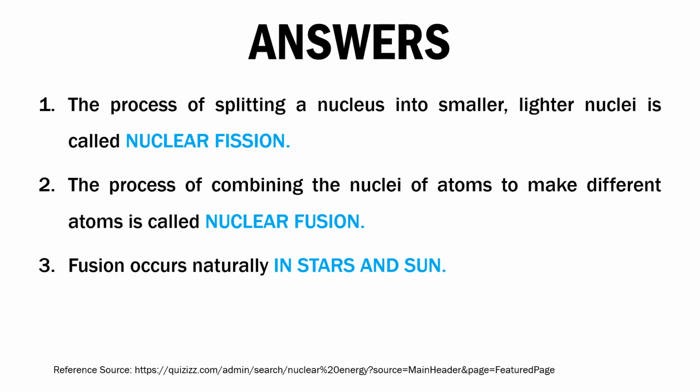When you are watching this slide, it means that you have successfully answered all my questions. For question 1, the process of splitting a nucleus into smaller and lighter nuclei is called nuclear fission. The process of combining the nuclei of atoms to make different atoms is called nuclear fusion. And nuclear fusion occurs naturally in stars and the sun.